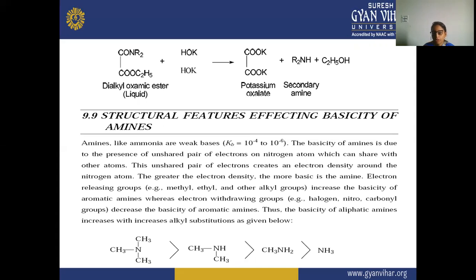Ammonia is the weakest base because it does not have any alkyl or electron releasing group attached to the nitrogen. That is why it is a weak base, and it has less basicity as compared to all three amines, the primary, secondary, and tertiary amines.